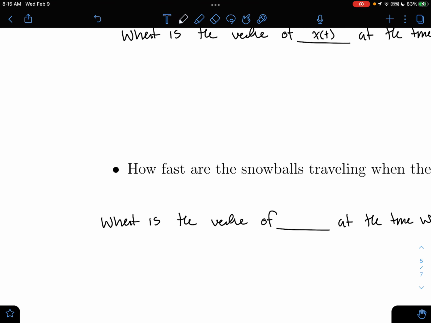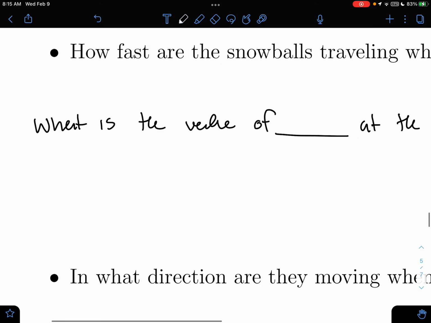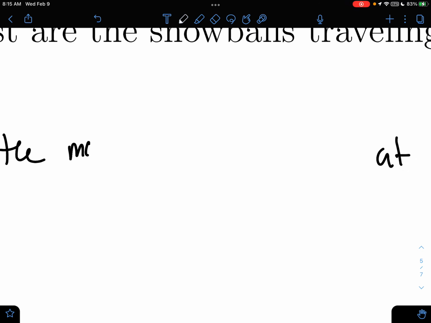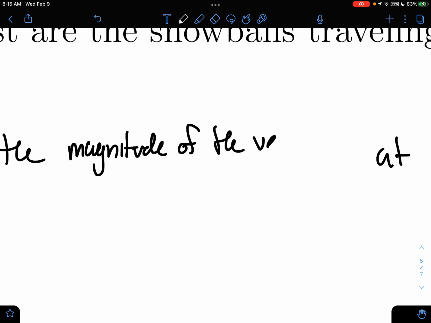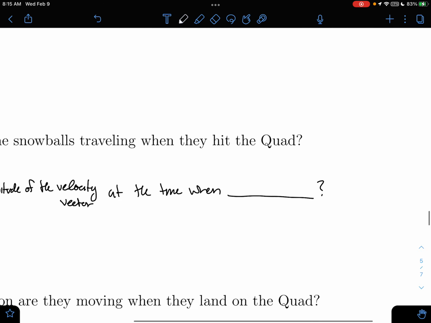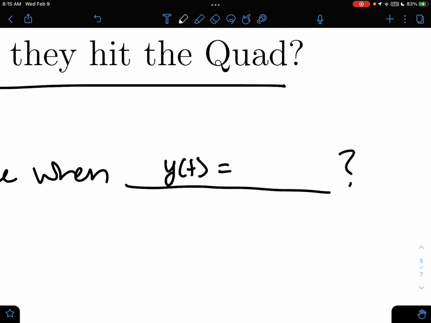So this is going to be our speed, and our speed is the magnitude of the velocity vector. So I'm going to say, what is the magnitude of the velocity vector at the time when, and again, how do we know we've hit the quad? y of t equals 0.